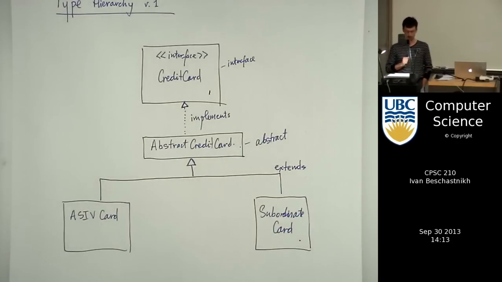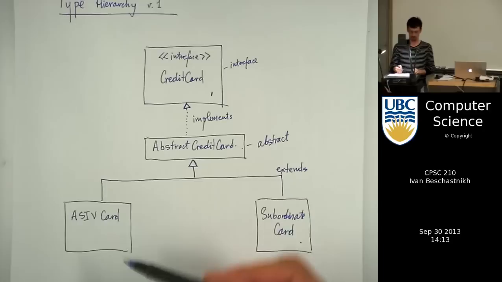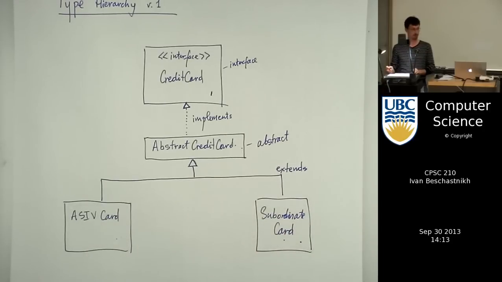So one thing I could do is say that there's a new type. And I could call this type an audit type, or an audit card type. And I could require that both of these cards must be subtypes of that type. Okay, so this is what I'll do.